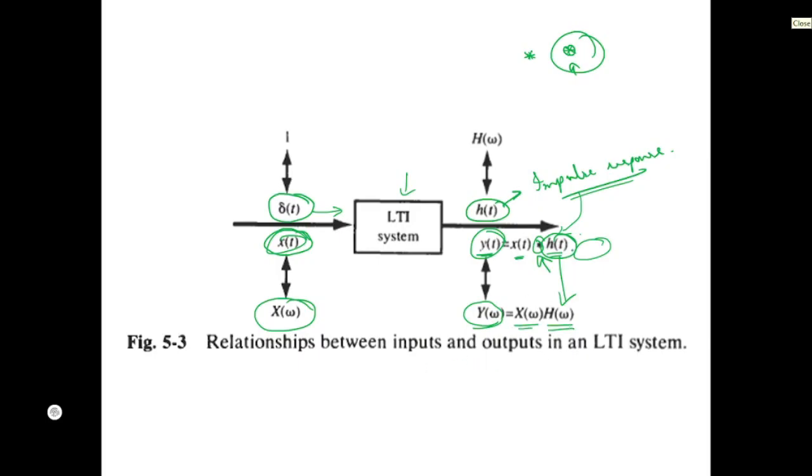So convolution in the time domain converts into multiplication in the frequency domain, and vice versa. Vice versa means if you have to do the convolution in the frequency domain, it will be multiplication in the time domain.